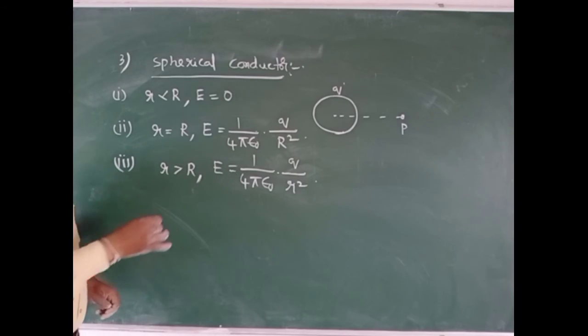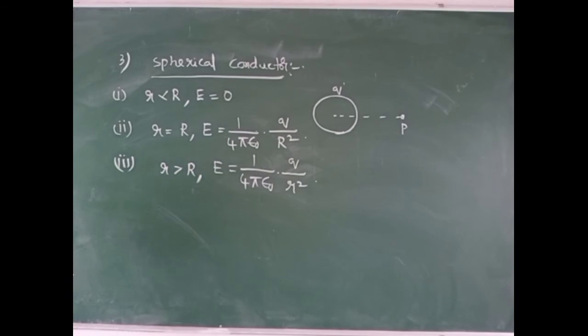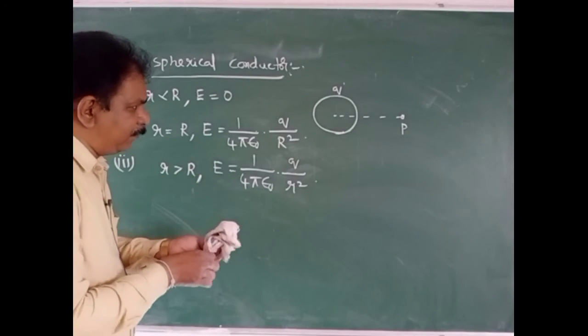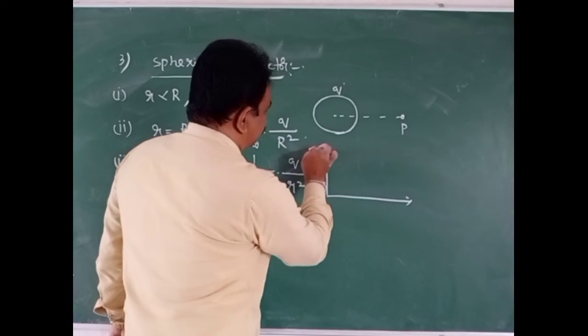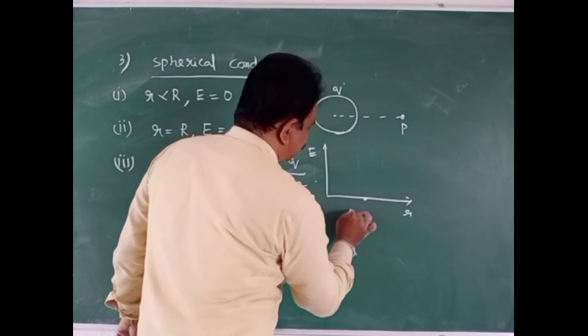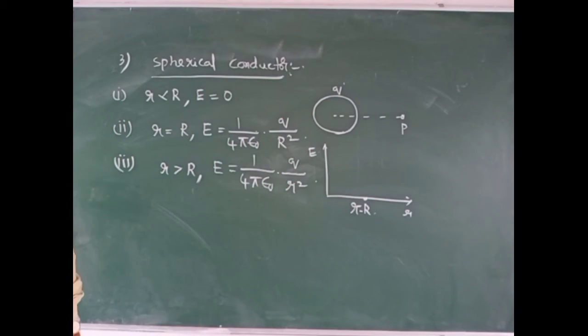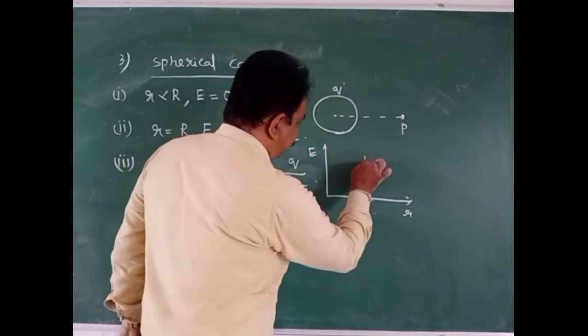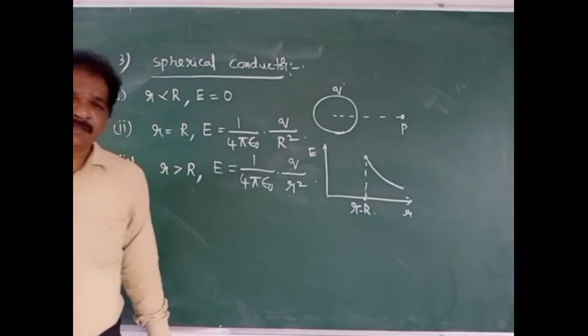Here, if it is a spherical non-conductor, and we draw the graph between E and R, up to R is equal to capital R, there will be no field. From there, what will happen? It will vary like this.